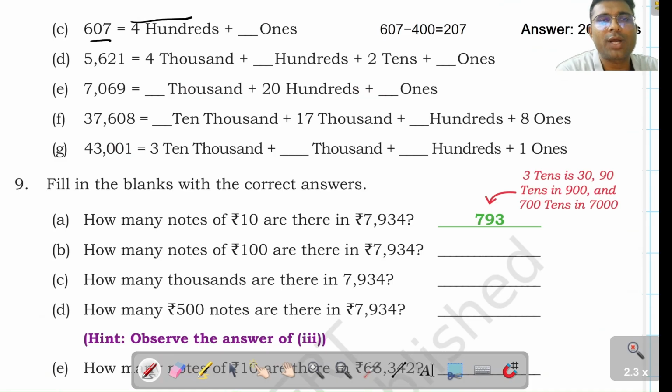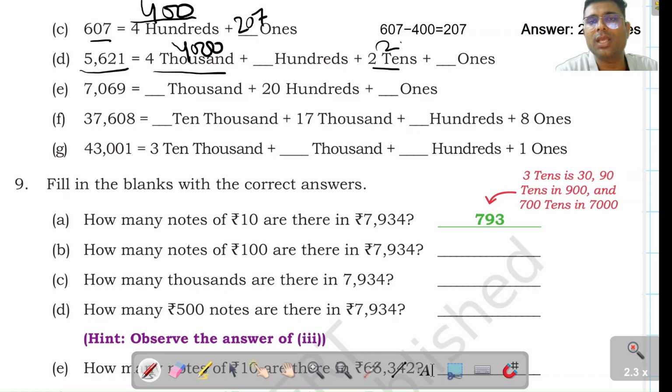607, so 400 means 400. Okay, so how many are left? So 207 is left, so 207 will be ones. 5,621, so 4,000 is already written. 4,000 means 4,000. 2 tens means 20.